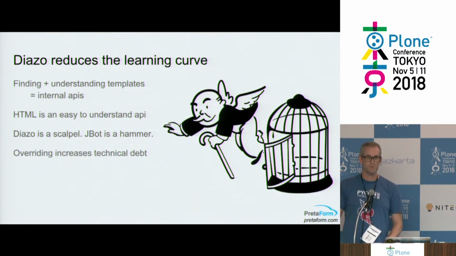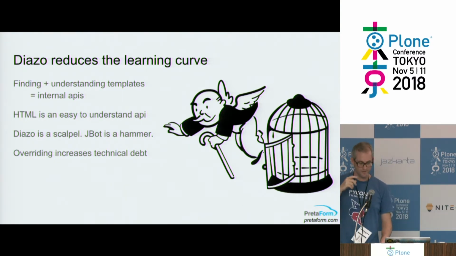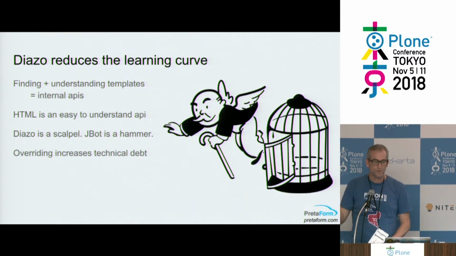If Plone changes some internal API, then you've dragged all of that into your application and you're responsible for that now. You still get that with Diazo. People can change IDs and stuff, but there's less debt there. Diazo is this great get out of jail free card. If you've got the HTML there and you want to change something, you can fiddle with it.